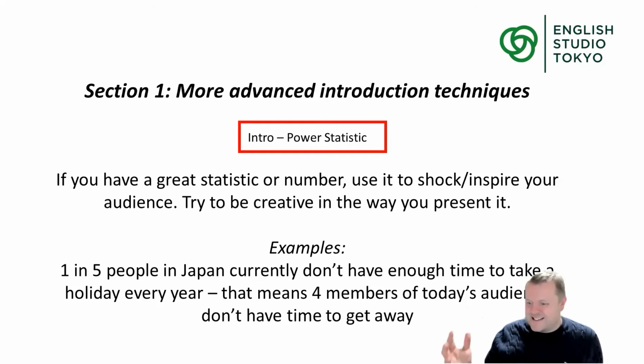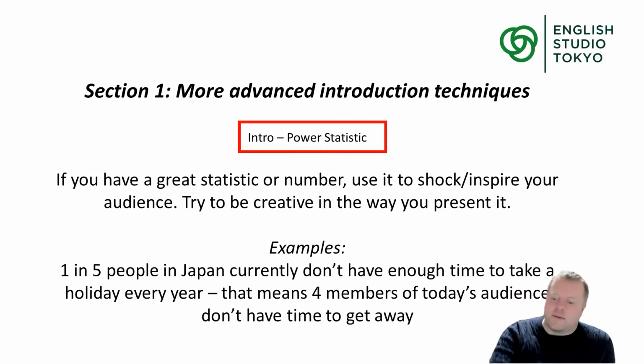Maybe my presentation today is about the importance of a vacation. Maybe I'm JTB, a big Japanese travel company, or Expedia, a big online travel company, and my presentation is about selling vacations. So I want to start with the power statistic, 1 in 5 people in Japan.